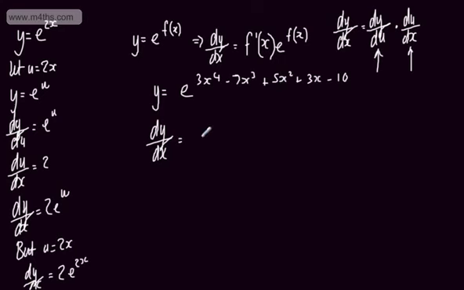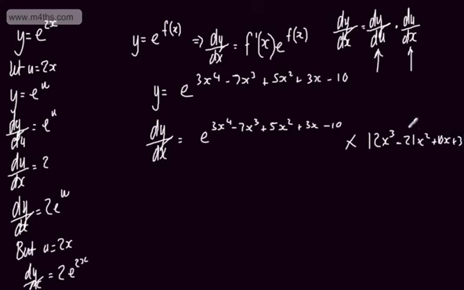So we would simply write e to the inside function, we'd leave that inside function alone, 3x to the power 4 minus 7x to the power of 3 plus 5x squared plus 3x minus 10, and then multiply this by the derivative of the inside function, which will be 12x cubed minus 21x squared, and then we'll have the plus 10x plus 3. And obviously differentiating the constant minus 10 will give us 0. So this is what we have.